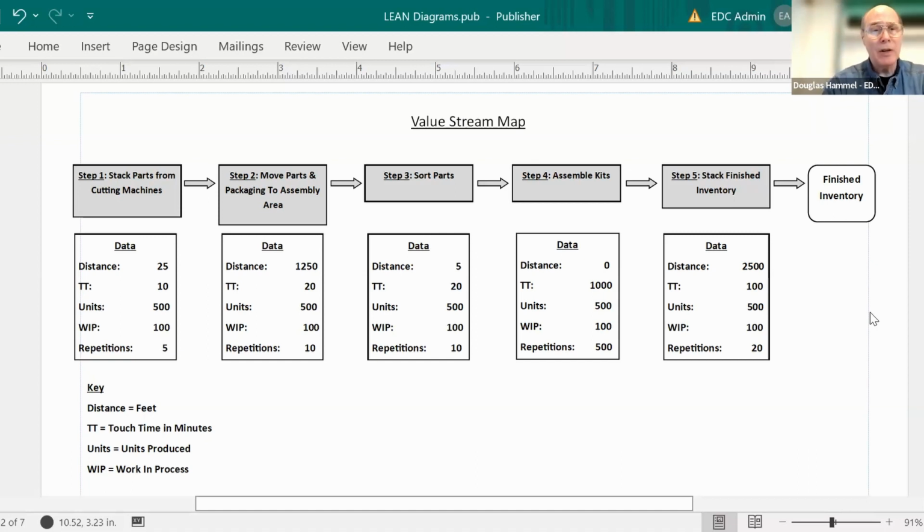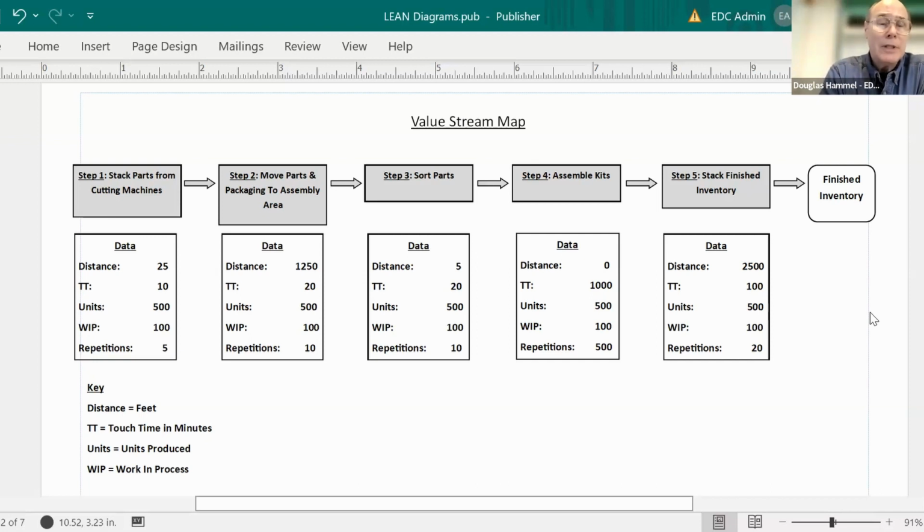Now, you can collect all kinds of data about your process steps, but what you're really looking for is waste. And waste could be in defects, could be distances. TT stands for touch time. It could be units, work in process, repetitions, misuse of personnel, having high-level personnel do menial tasks and so forth. For this one, we've picked distance, touch time, units, work in process, and repetitions.